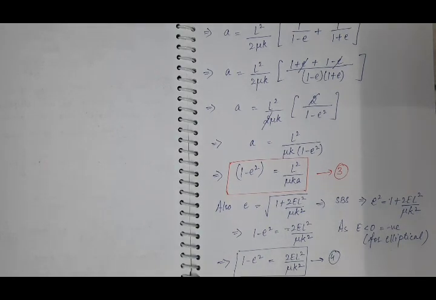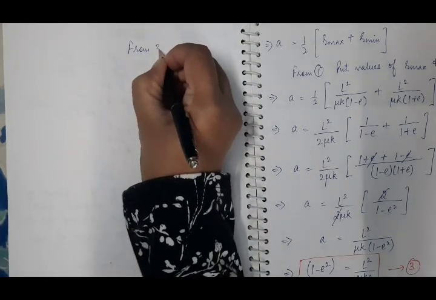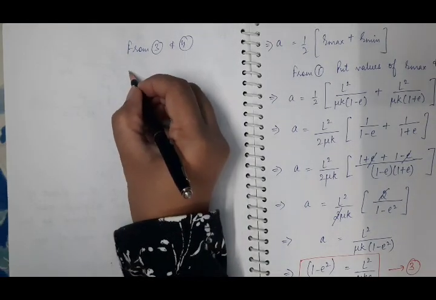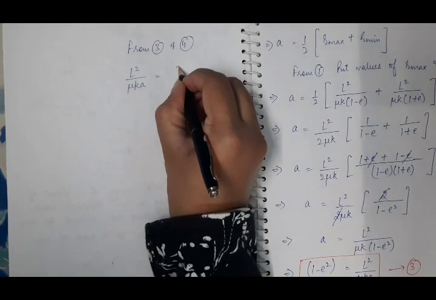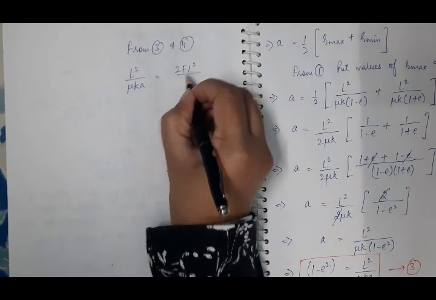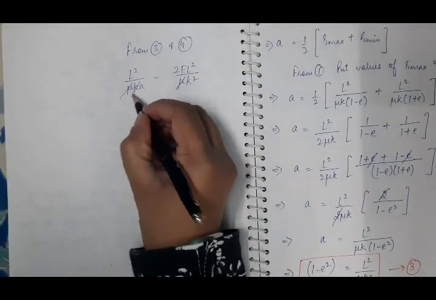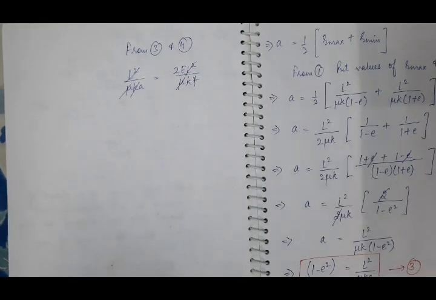And from equations 3 and 4, if the left hand sides are equal, then the right hand sides are also equal. So from equations 3 and 4, we have L square by mu k a equal to 2EL square by mu k square. And mu is cancelled out, one k is cancelled out with k, and L square is cancelled out with L square.